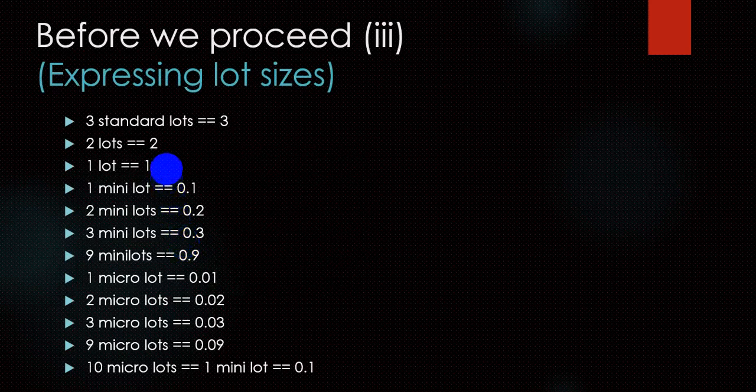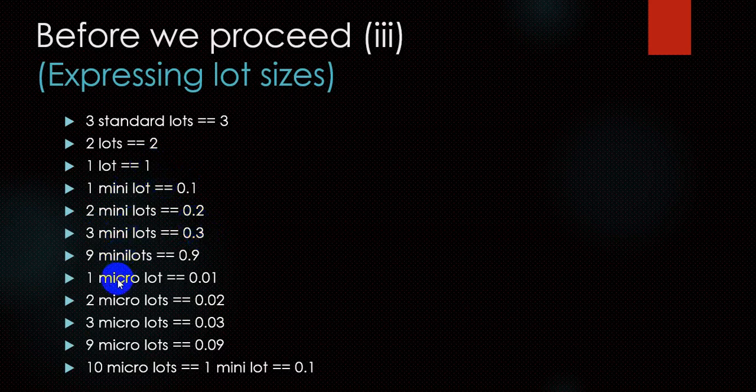So what we have is that 1 lot is equal to 1 standard lot, 2 lots is equal to 2 standard lots, 3 lots is equal to 3 standard lots, but 1 mini lot is 0.1 of a standard lot. 3 mini lots is 0.3 of a standard lot.